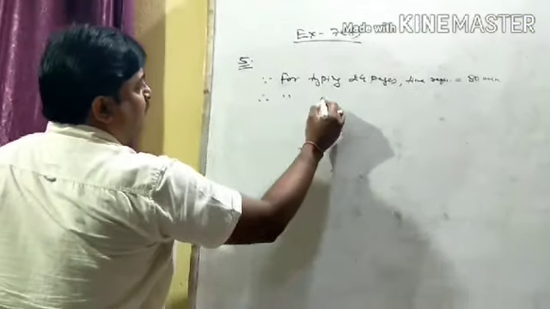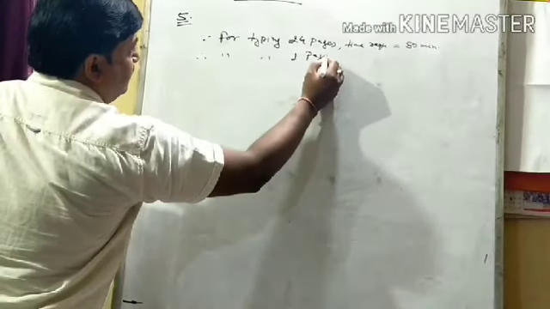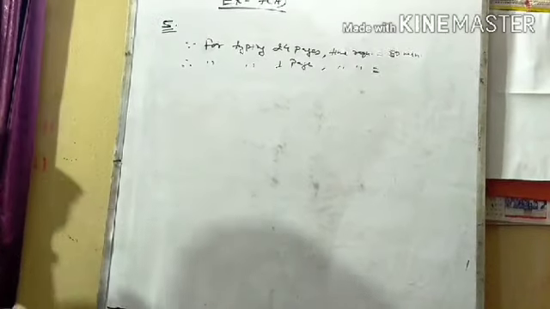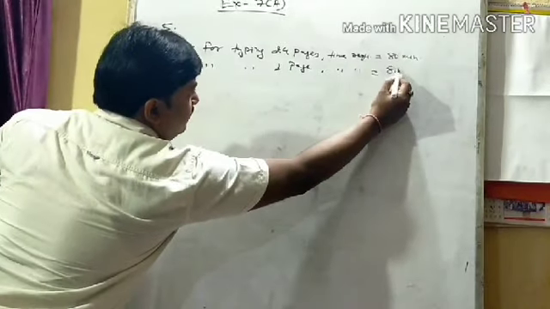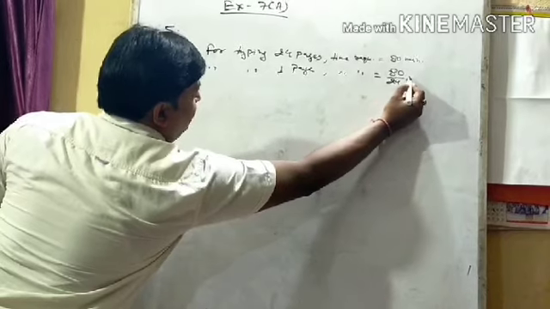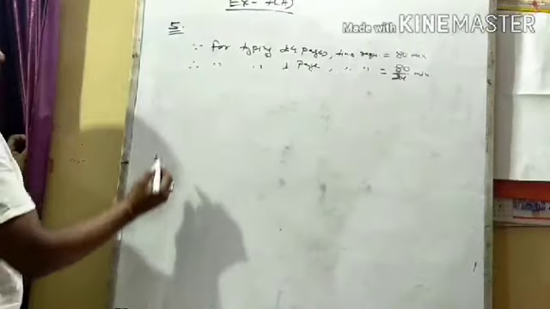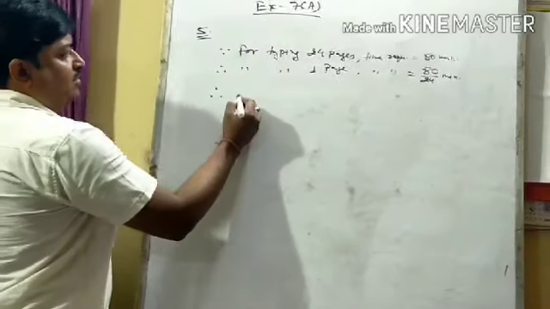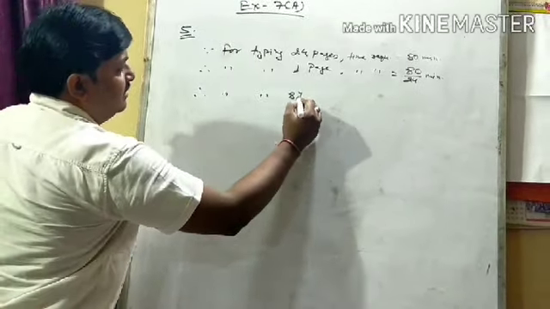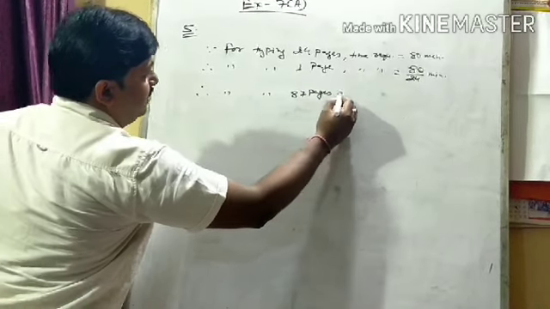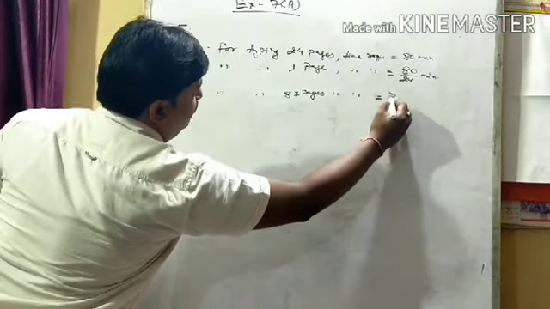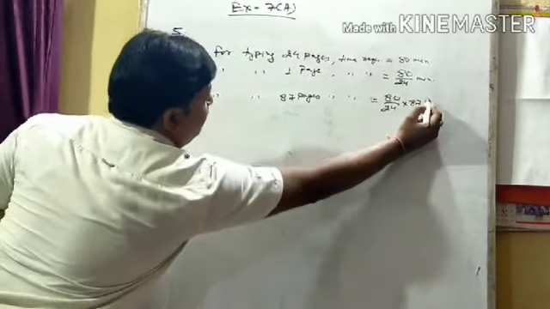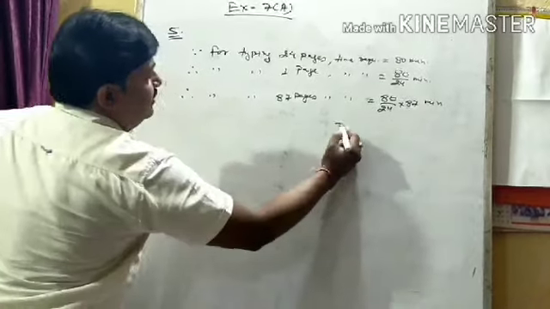Therefore, for typing one page, the time required is 80 by 24 minutes. Therefore, he has to type the 87 pages. Therefore, for typing 87 pages, the time required is equal to 80 by 24 into 87 minutes. Solve it.